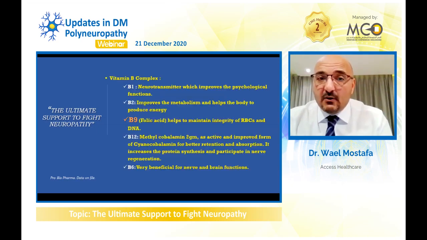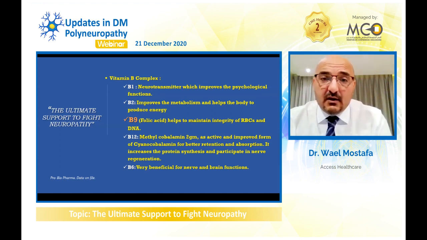We'll go quickly through the ingredients, to see how much this formula is upgraded from the traditional vitamin B complex available right now. We'll find that vitamin B1 is a very important neurotransmitter, which improves psychological function.